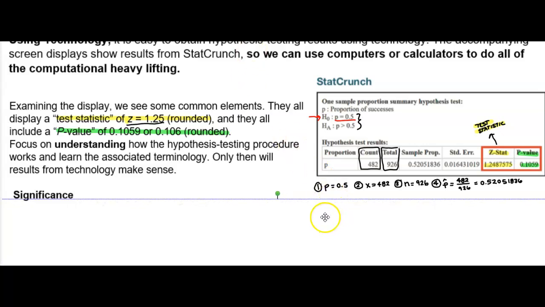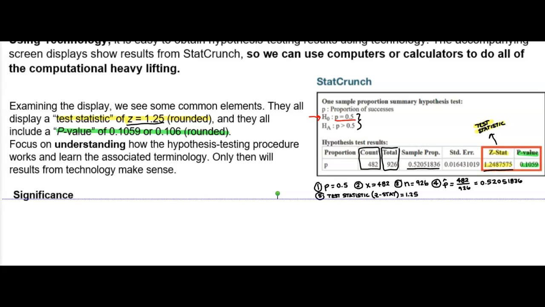Okay, now number 5. What is the test statistic? Well, the test statistic is the z-stat, and rounded to 2 decimal places, that is 1.25, which is there.